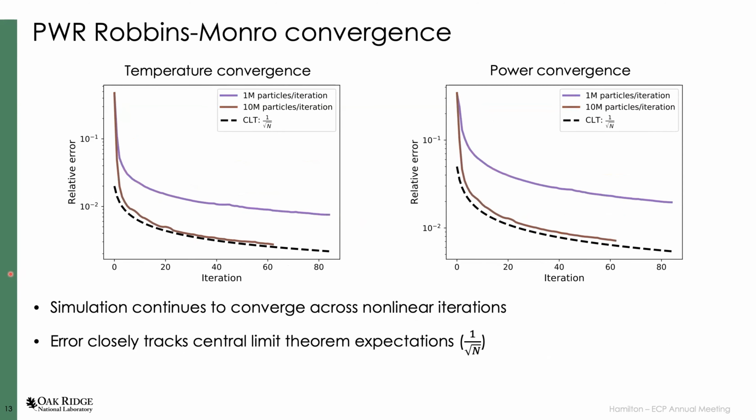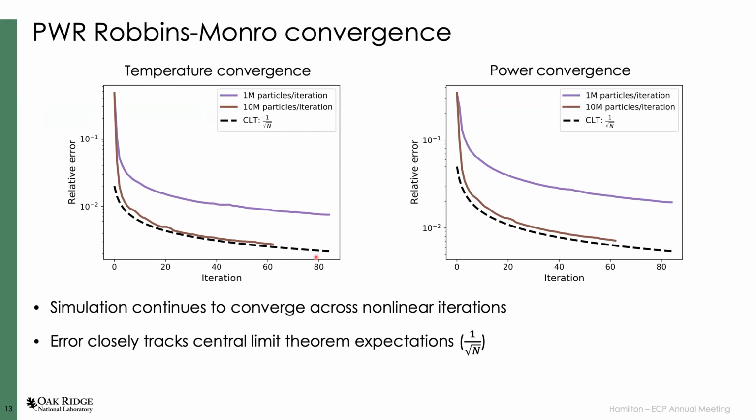So then if we take that same problem and we run it with the Robbins-Monro method, this variable relaxation factor method, what we see is a little bit different behavior. You have rapid convergence initially, and it then slows down, but it doesn't actually flatline. So it doesn't fully stagnate.